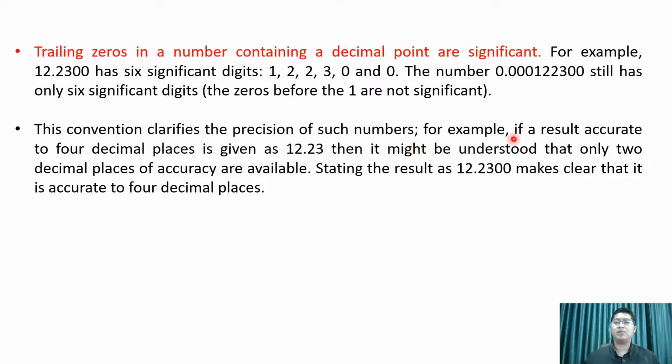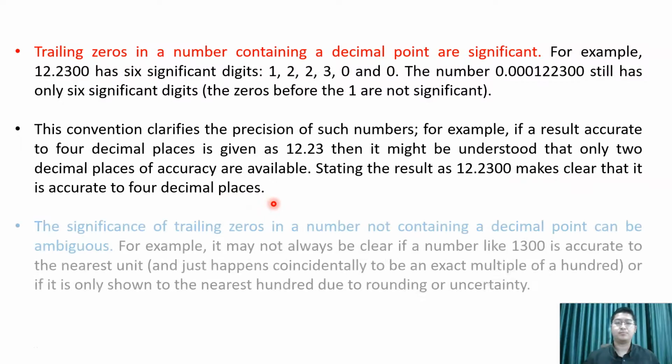This convention clarifies the precision of such numbers. For example, if a result accurate to 4 decimal places is given as 12.23, then it might be understood that only 2 decimal places of accuracy are available. Stating the result as 12.2300 makes clear that it is accurate to 4 decimal places.